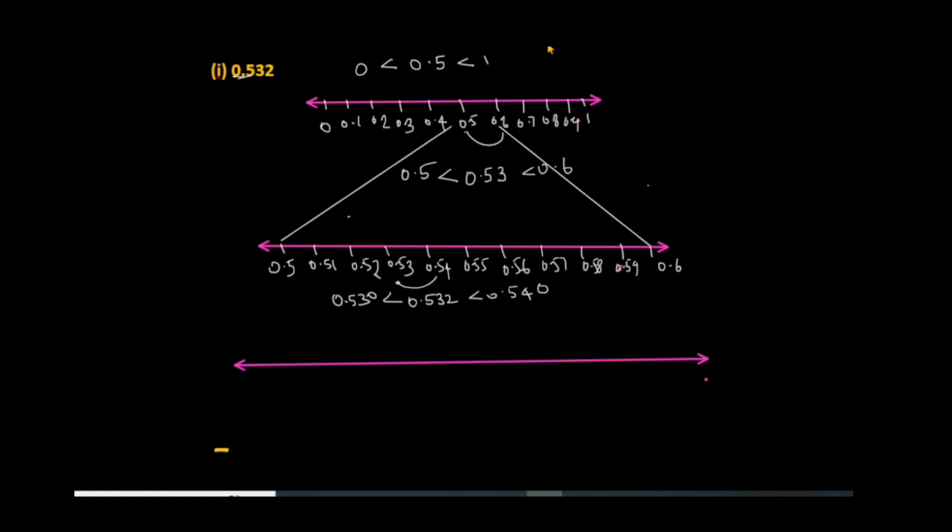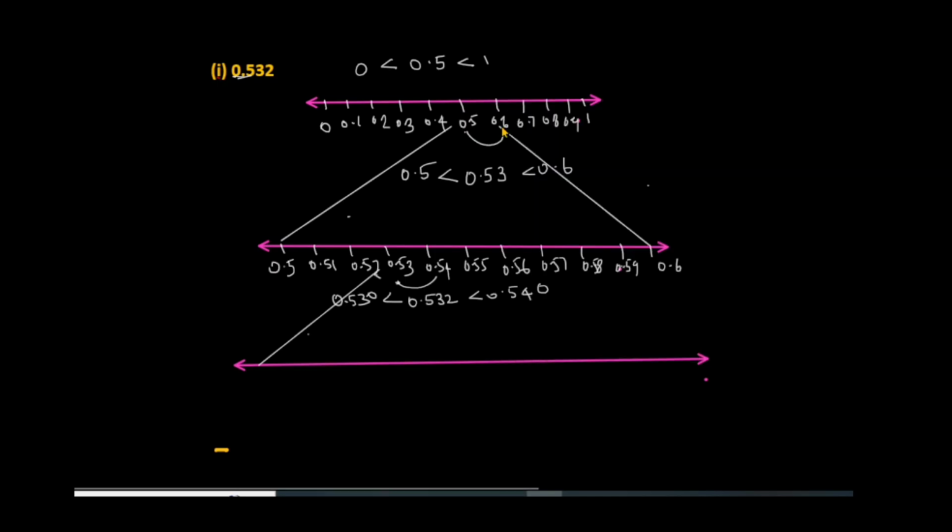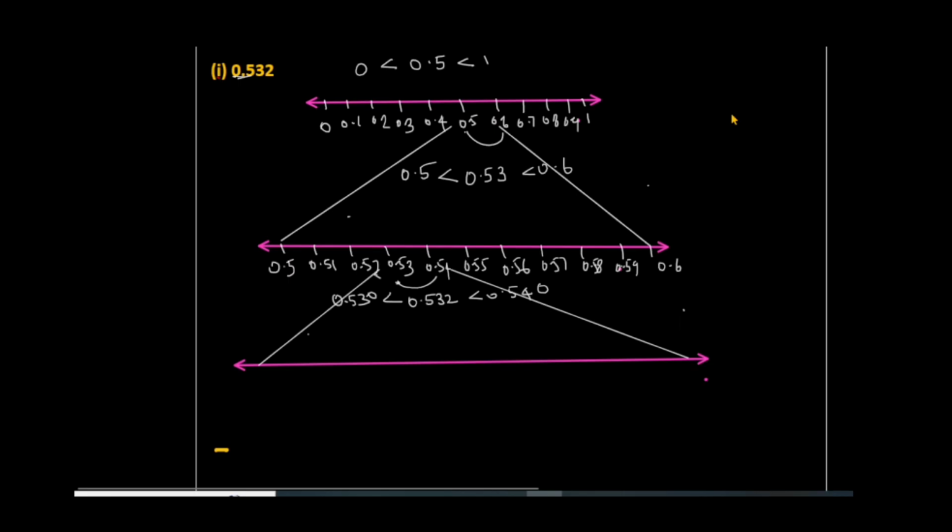Now in this line we are going to show the parts in between these two, that is 0.53 and 0.54. So in between these two only is our required number.